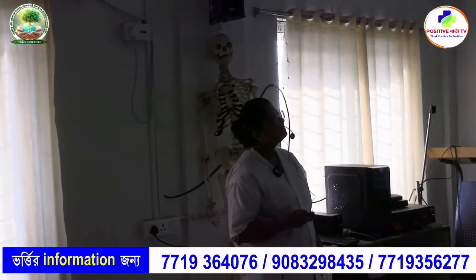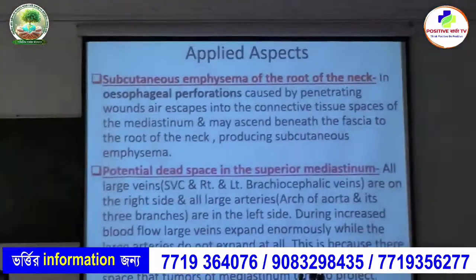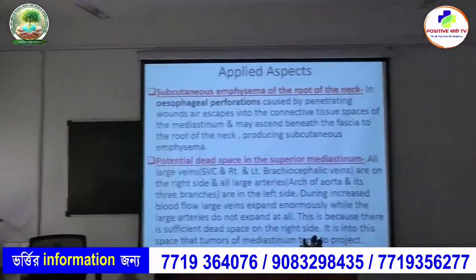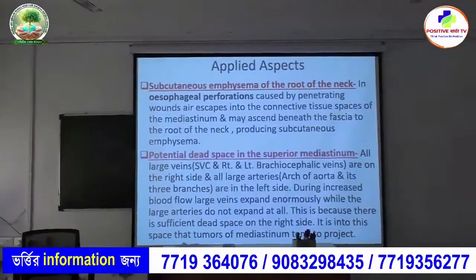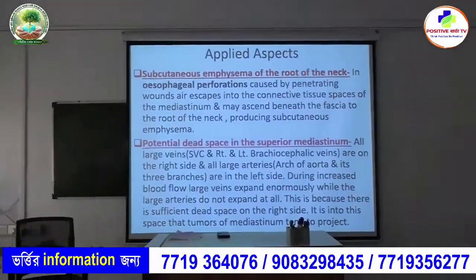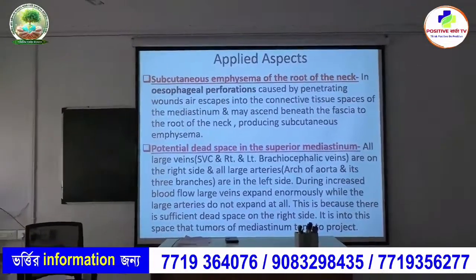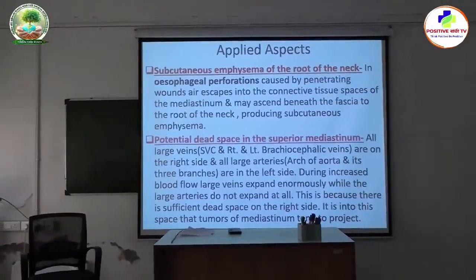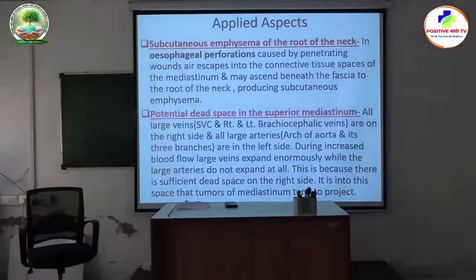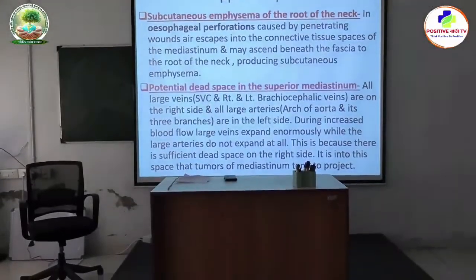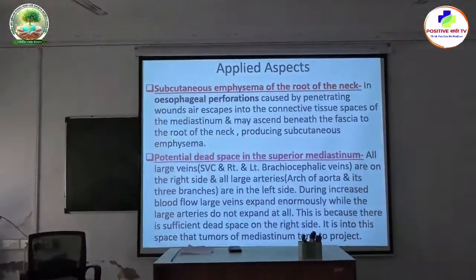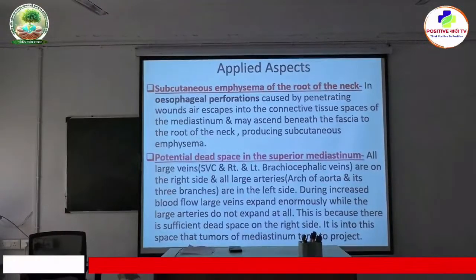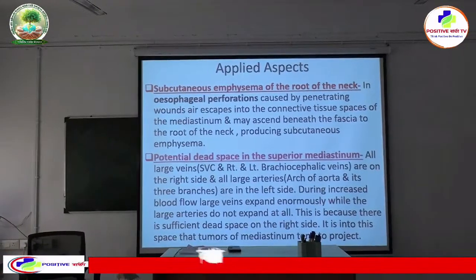Next is potential dead space in the superior mediastinum. All the large veins, this is important, this counts as an explain why question. Potential dead space in the superior mediastinum: all the large veins, superior vena cava, right and left brachiocephalic veins, are on the right side, and all the large arteries, arch of aorta and its 3 branches, are on the left side.